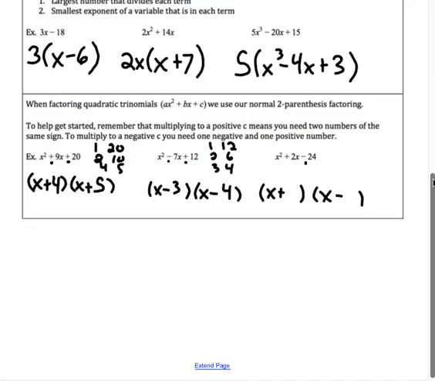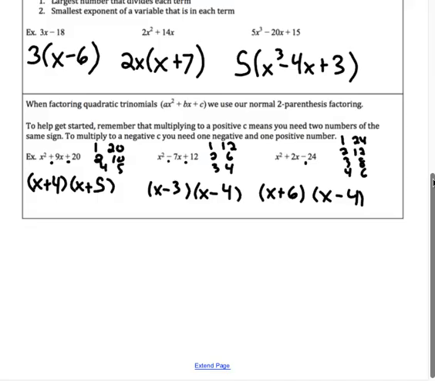Okay, a negative and a positive will allow me to multiply to a negative. 24 has a lot of combinations. 1 and 24, 2 and 12, 3 and 8, 4 and 6. So now if I take one of those as positive, one of those as negative, the way to get to a positive 2 is if I have a positive 6 and a negative 4. That will leave me with a positive 2 result.